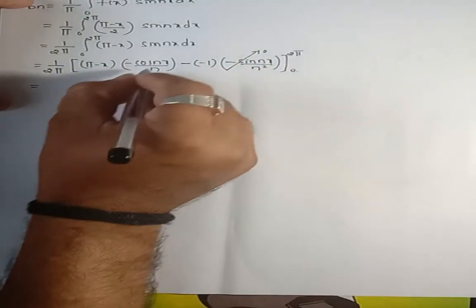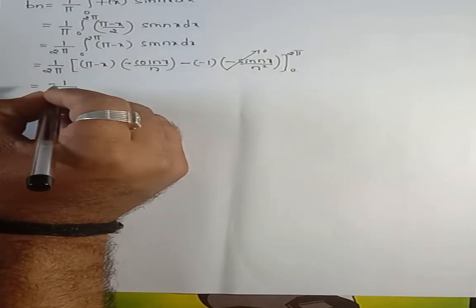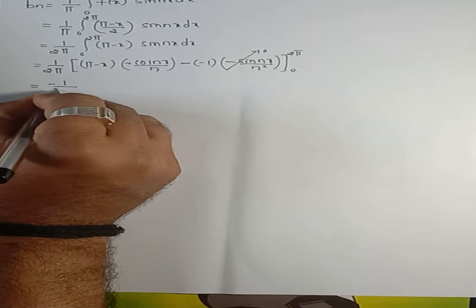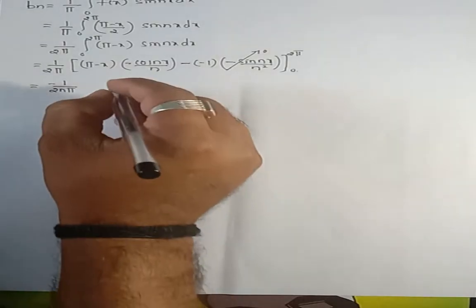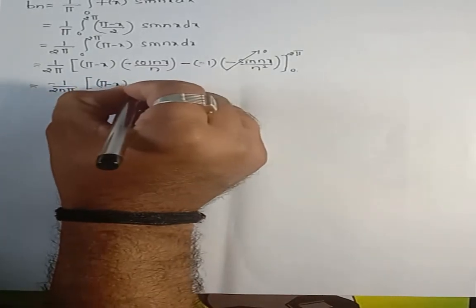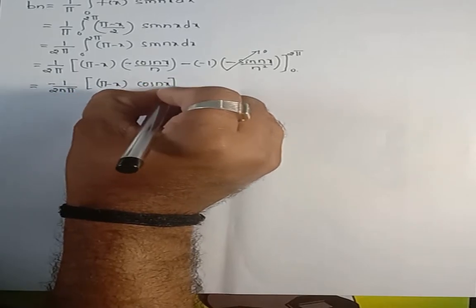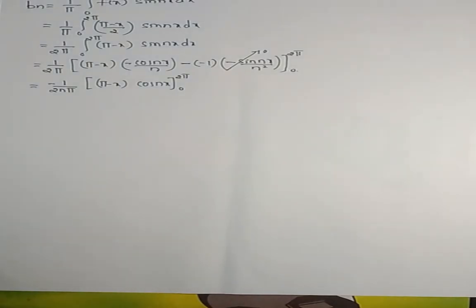So I used to take like this, n outside, minus 1 divided by 2n pi I will take outside. Then what is remaining, bracket pi minus x into cos nx, applying limit 0 to 2 pi.